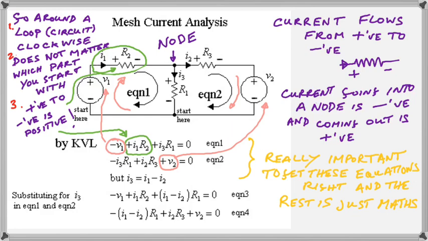Otherwise, all your mathematics is going to lead to totally incorrect answers. So if you're not fully understanding how we are processing these two circuits and creating our equations, then you need to study this first part until you're absolutely satisfied in your own mind that you can move forward.